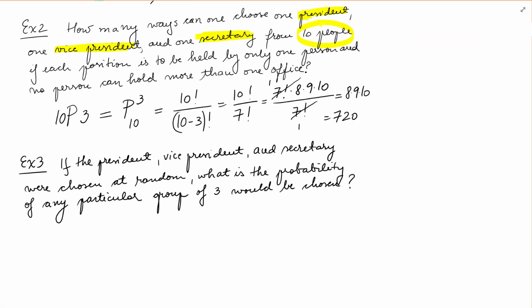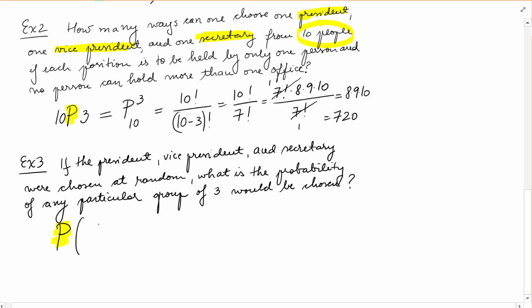Using example 2, let's try to solve example 3. If the president, vice president, and secretary were chosen at random, what is the probability of any particular group of 3 being chosen? So the probability, this P stands for permutation, but this P stands for probability.